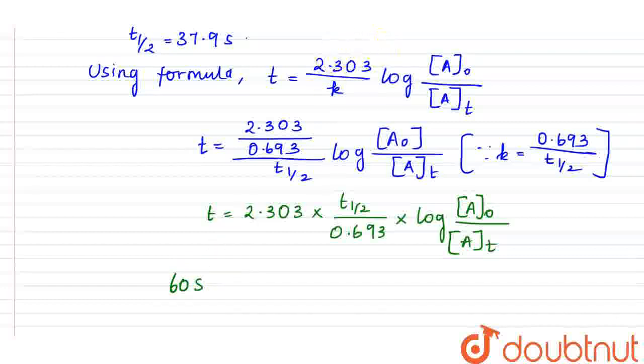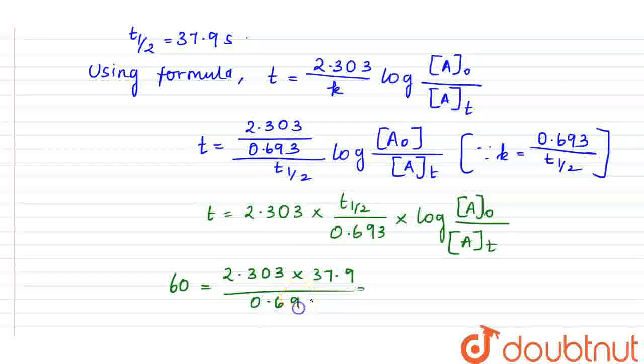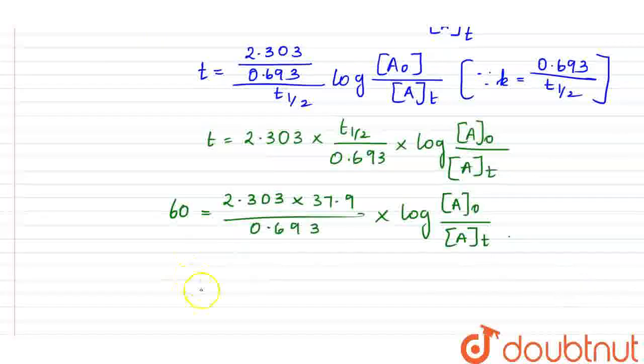Then 60 is equal to 2.303 into T half, which is 37.9, divided by 0.693 into log of the initial concentration divided by the concentration after time T.